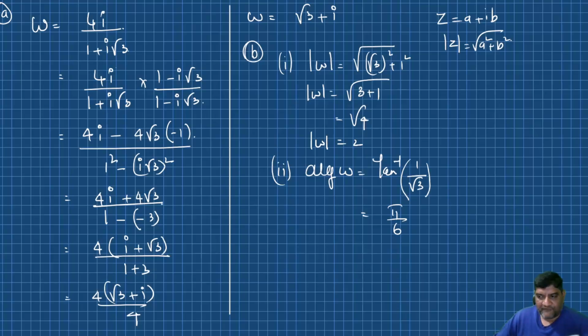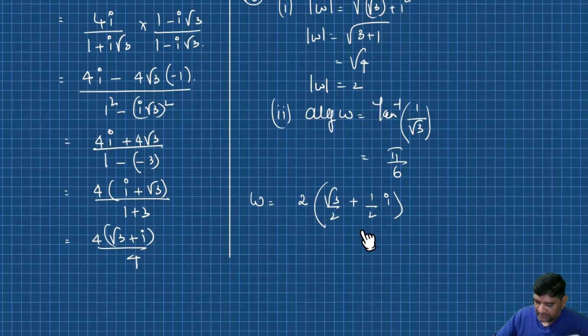Now, this is one way of finding the argument. What I generally do is to write this as W is equal to, I multiply the argument and divide it by the argument, and I compare it with the polar form, which is R cos theta plus i sin theta.